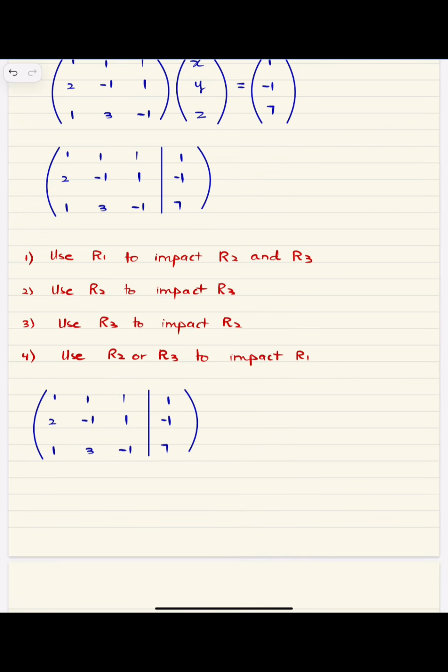Okay, so the first 0 that I want to make is this and this. Okay, let's do this. I want row 2 minus 2 into row 1. I want to do this operation, and I want to do row 3 minus row 1. So I want to do this operation.